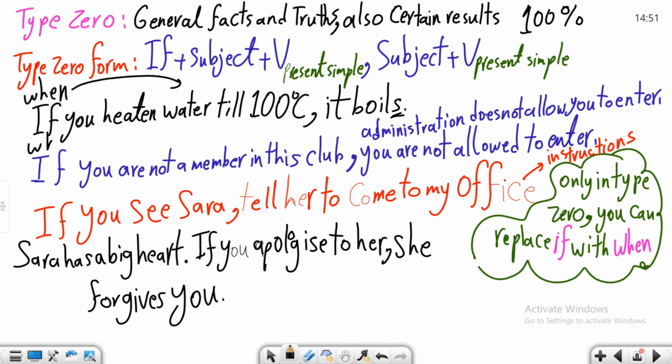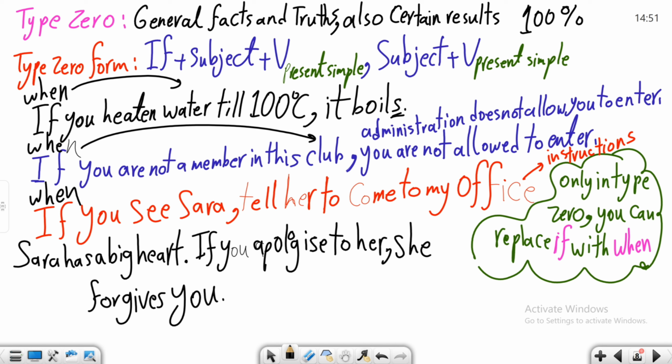Second example, when you are not a member in this club, you are not allowed to enter. It means whenever, all the time, this is true. I say also, example number 3, let's say, when you see Sarah, tell her to come to my office. This also gives the same meaning.